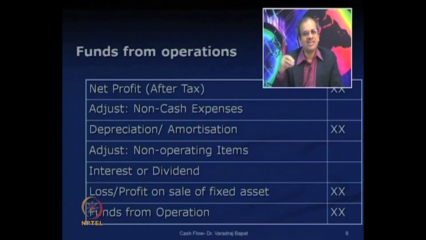So, we start with net profit after tax, adjust for non-cash items like depreciation and also adjust for non-operating items. Only difference is in cash flow statement, we also used to have third adjustment for working capital items or current assets and current liabilities. In this case, that third adjustment is not there. So, we adjust first two things and what we get is nothing but funds from operations.